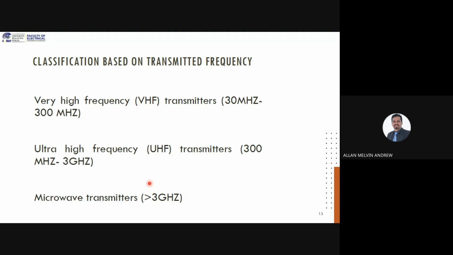Later on, if you are supposed to use UHF for a project but mistakenly buy a VHF transmitter, and the frequency you want is 400 megahertz, it cannot cater to that. The maximum is only 300 megahertz, so you cannot use it. So it's very important to understand how to choose.